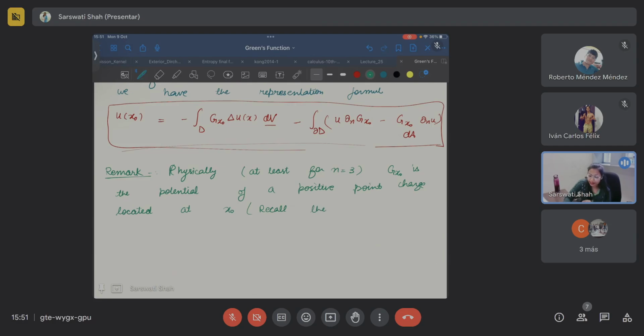You may recall the electric field which we were discussing as an example in the last few classes. Recall the electric field equals minus the gradient of the potential in electrostatics.